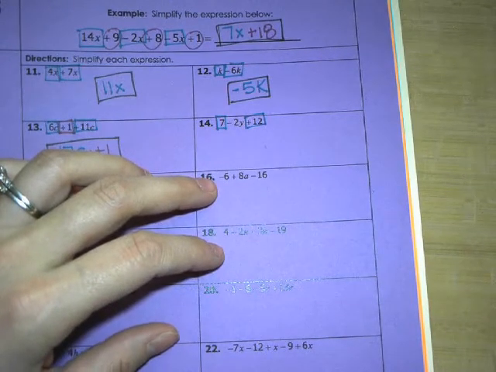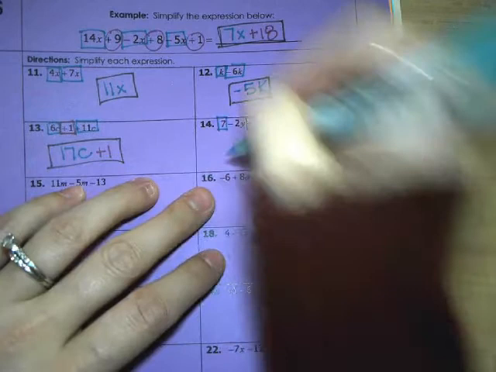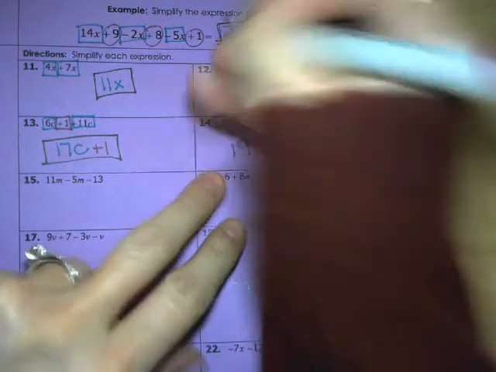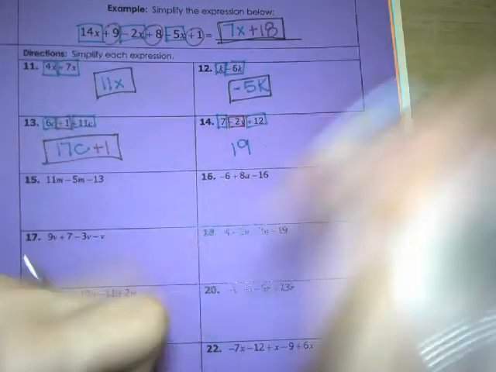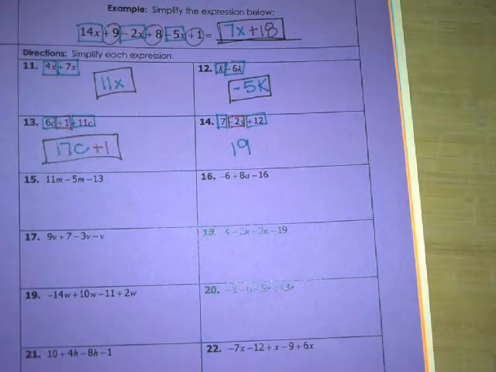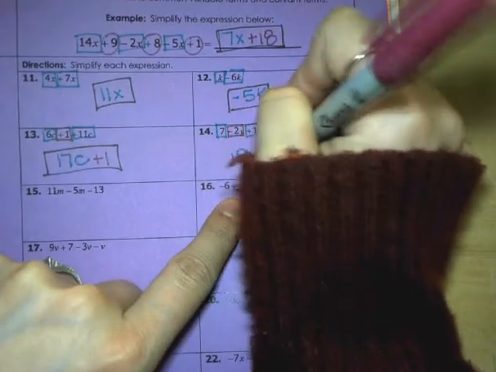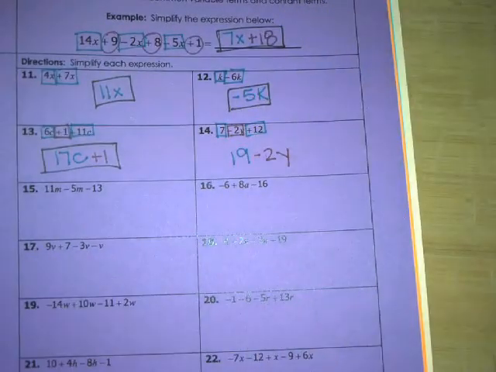What is 7 plus 12? So I have 19. And what's the next term I should have boxed in? Anything to combine with the negative 2y? So what do I write? So 19 minus 2y is your answer.